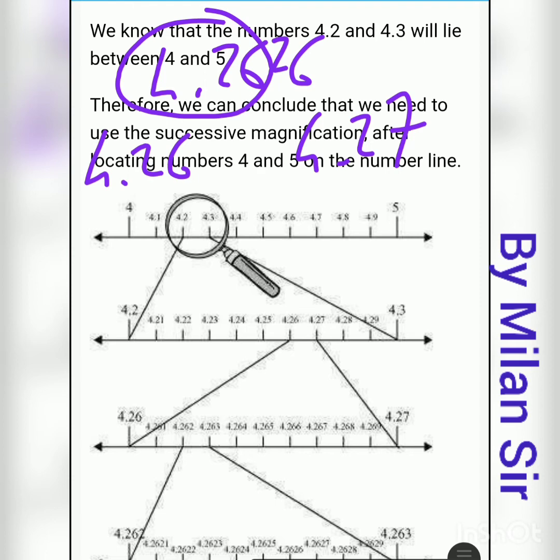That means this number lies between 4.26 and 4.27. We need to zoom it, magnify it, so we can get 10 more decimal numbers in between 4.26 and 4.27.